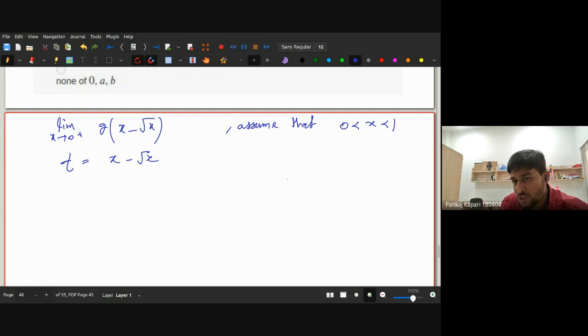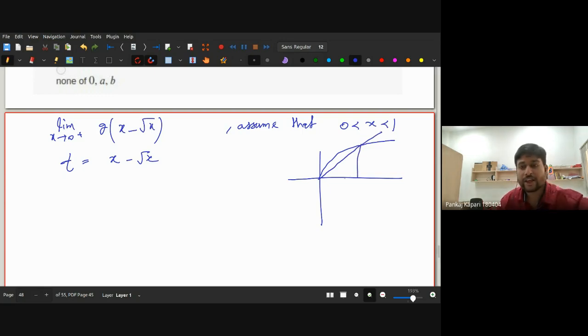Notice the graph of the square root function, going up steeply, and the y equal to x line. They intersect when x becomes 1, because root 1 is 1.